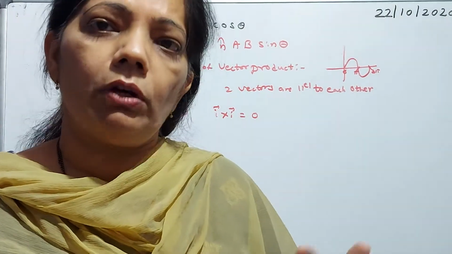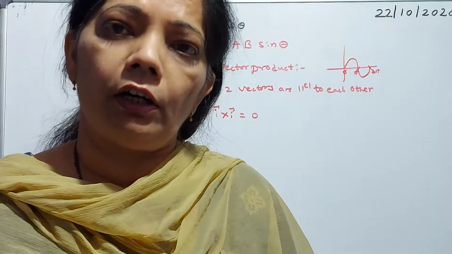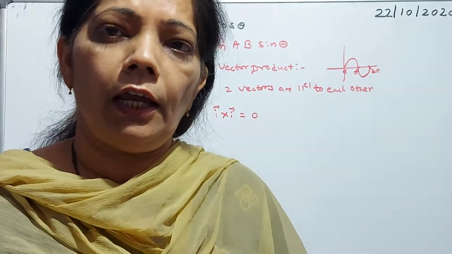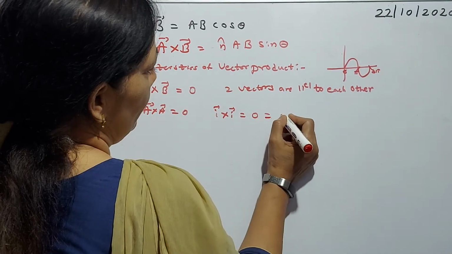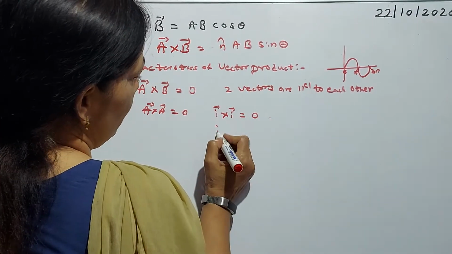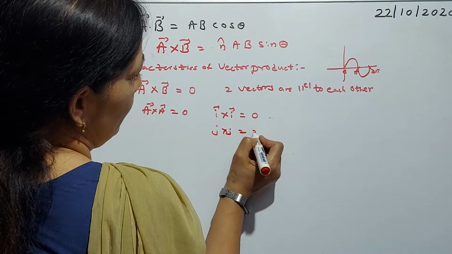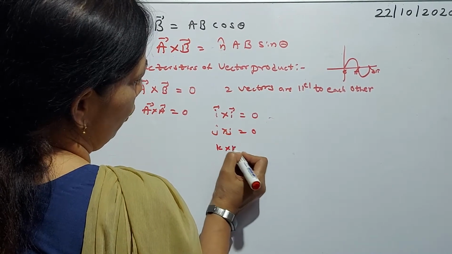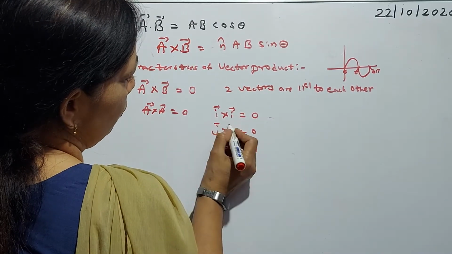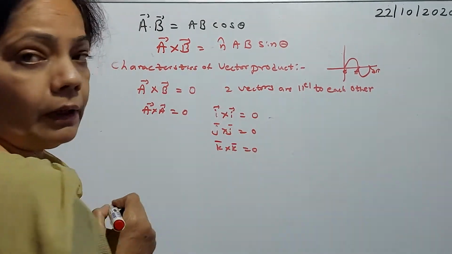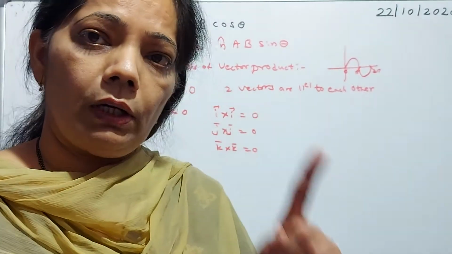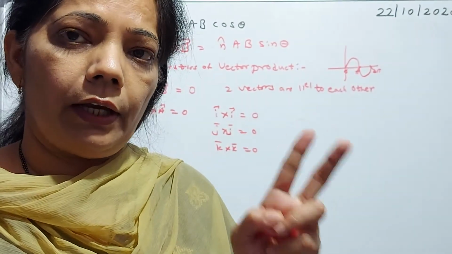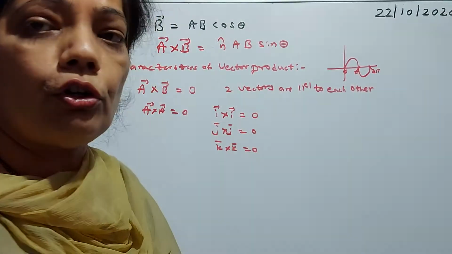Same way, what is j cross j? What is j? Unit vector along y-axis. What is k? Unit vector along z-axis. So I can say i cross i is equal to 0. Same with j cross j is equal to 0, or k cross k is equal to 0. In case of dot, i dot i was 1, j dot j was 1, k dot k was 1, but here it's not so.